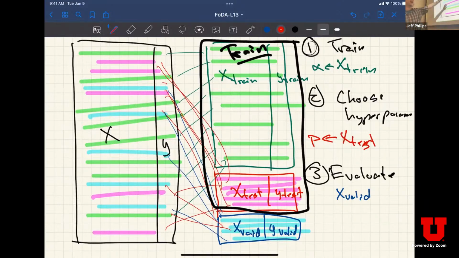But if this big picture makes sense, there are these two different things you want to do, and this works because you're holding out data and you want to see how well it will work on new data you haven't seen before. And because you assumed all your data was IID from some distribution, if you hold data out, then that should be a good representation of how well it will work on data you haven't seen yet.